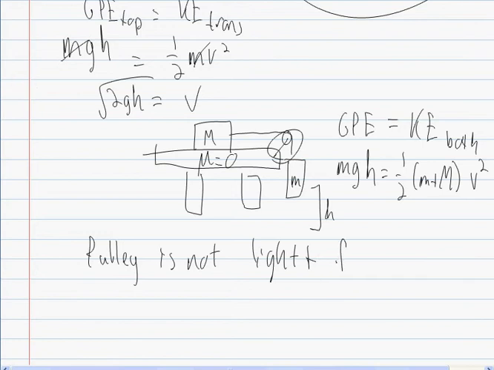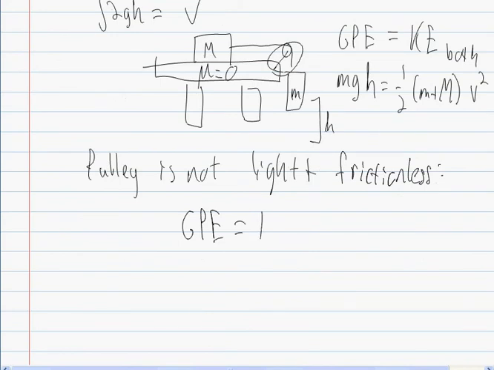Now the GPE is going to equal KE trans for both plus KE rotational for the wheel.